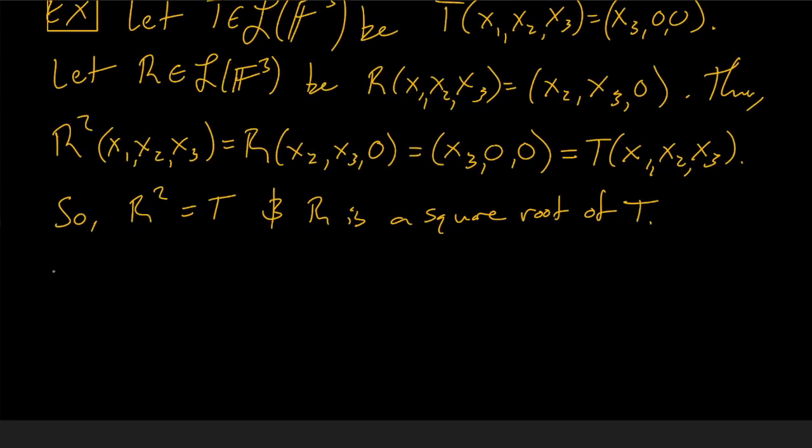For instance, consider r prime of x1, x2, x3, and that's a prime, like a little apostrophe, not like a 1, to be just r of x1, x2, x3, but now I'm going to make things negative.